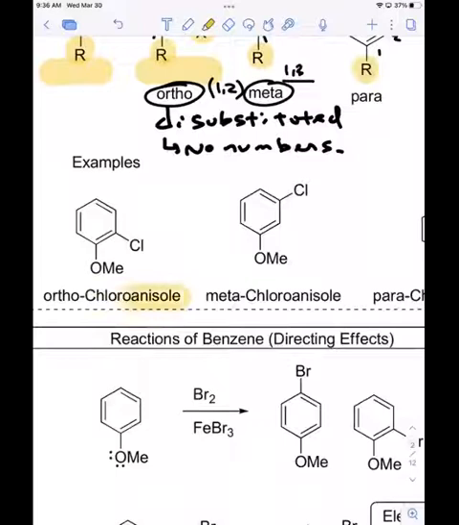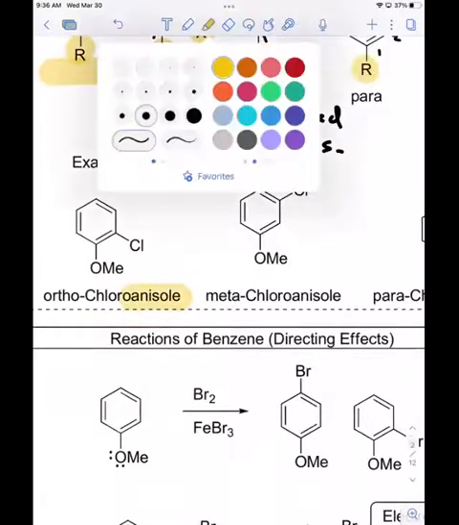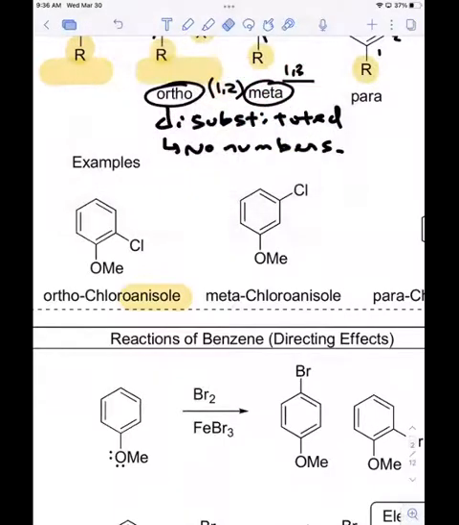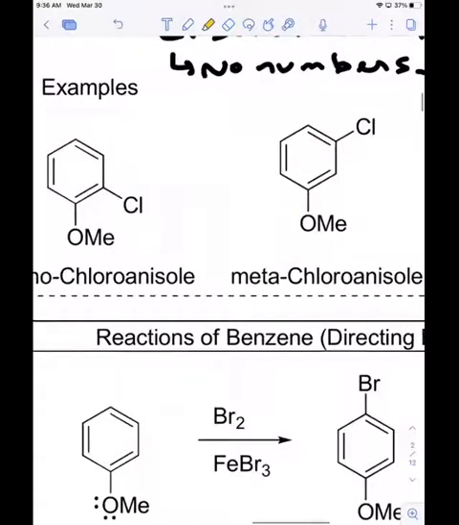Anisole. Anisole is this part of the ring right here. That's anisole. So anisole is really methoxybenzene.